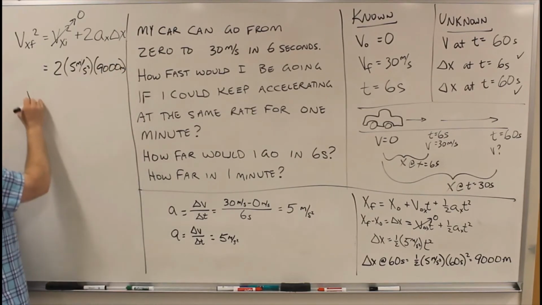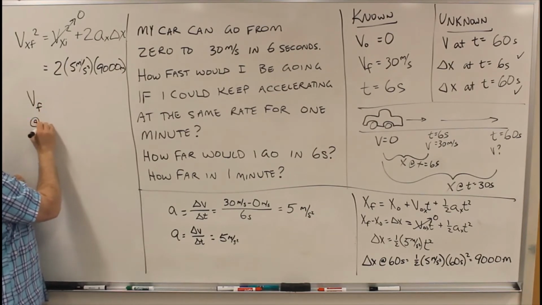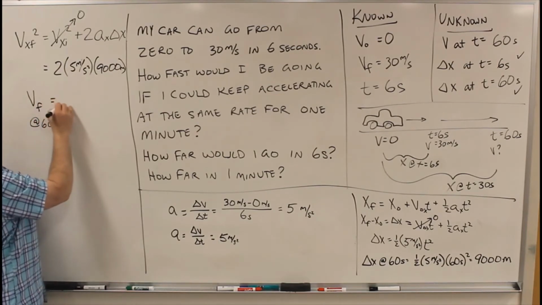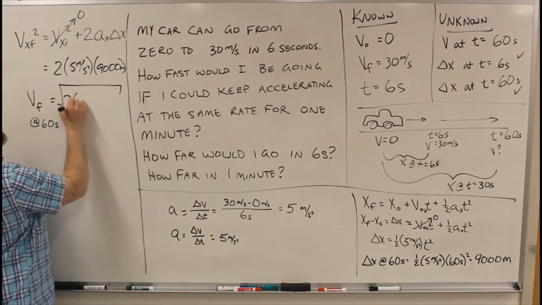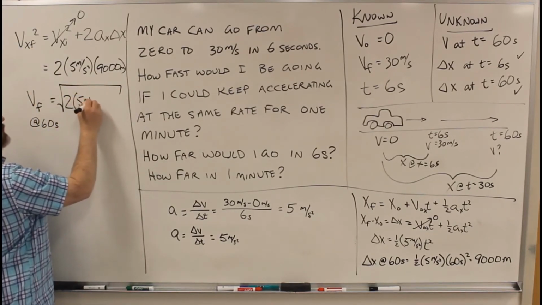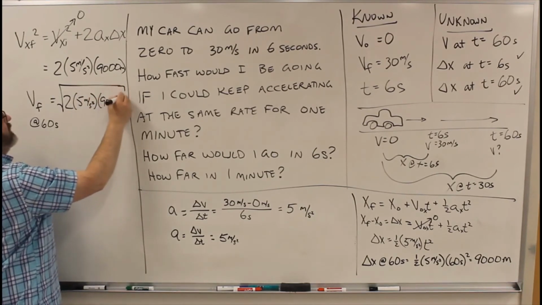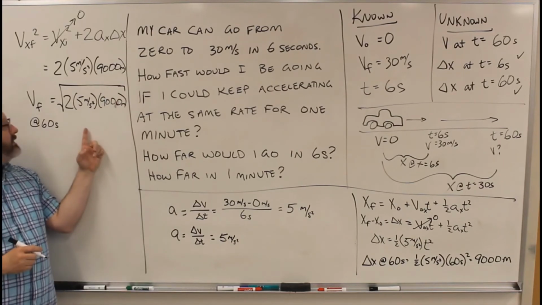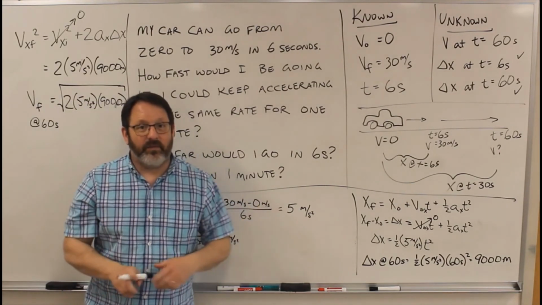So that v final at 60 seconds equals, this was squared, so I have to square root 2 times 5 meters per second squared times 9,000 meters. And this, if you calculate that, will give you the same answer that we had here before.